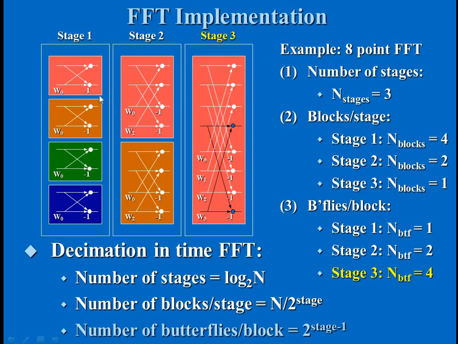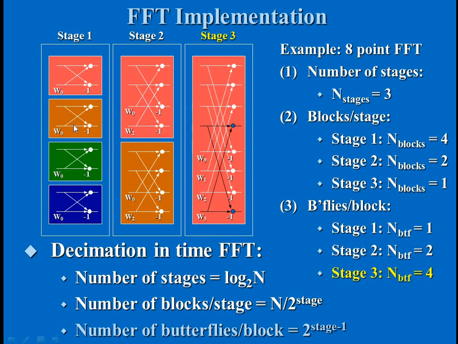If we divide this by 2, we will be having 4 blocks. For the next stage, again we are going to decimate this 4 into 2 equal halves. So 4 by 2, we are having 2 blocks. And for the third stage, the n is 2 here. If you decimate, we will be having only 1 block. Okay.